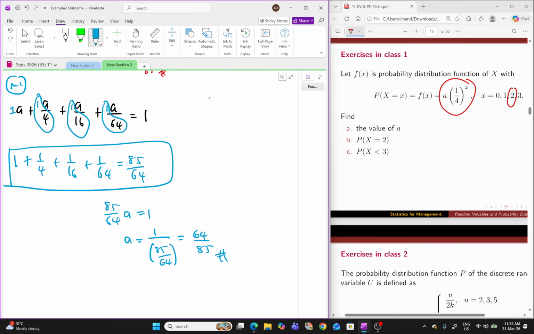Now if you have A over 4, I put a 1 here, I take this one, isn't it? 1 over 4. Now if you have 3A over 4, what do you write? 3 over 4. Let us remember that.